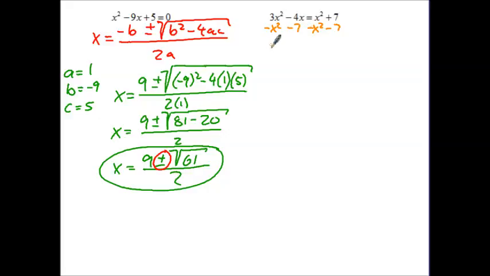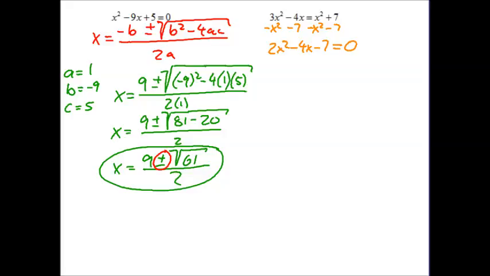And then we end up with an equation that says 2x squared minus 4x minus 7 is equal to 0. And only now can we actually take the values for a, b, and c. So be careful with that. You're going to be sure to have equations where you have to do this first step first.